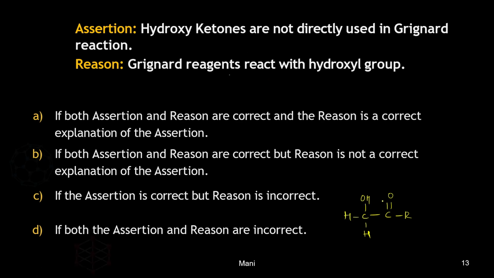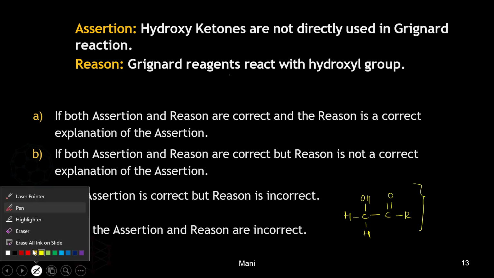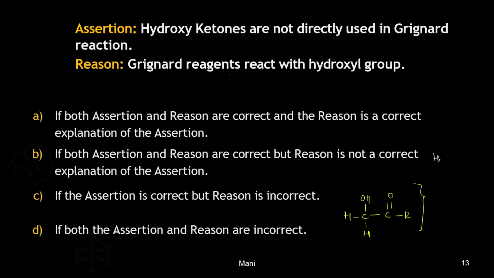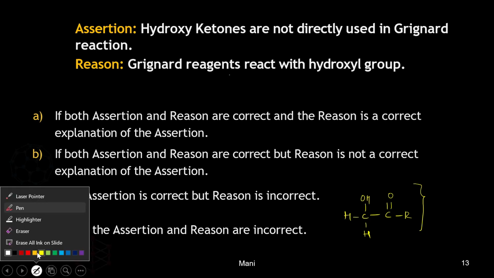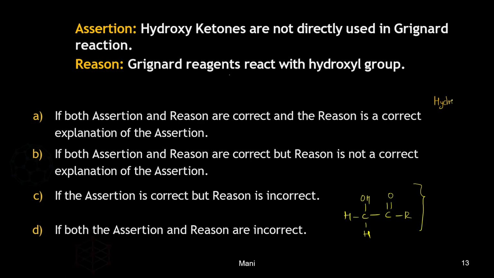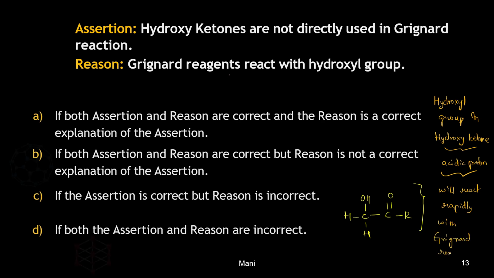Write down this: the hydroxyl group in hydroxyketone, which has the acidic proton, will react rapidly with Grignard reagent. Understood? And these Grignard reagents are strong bases.